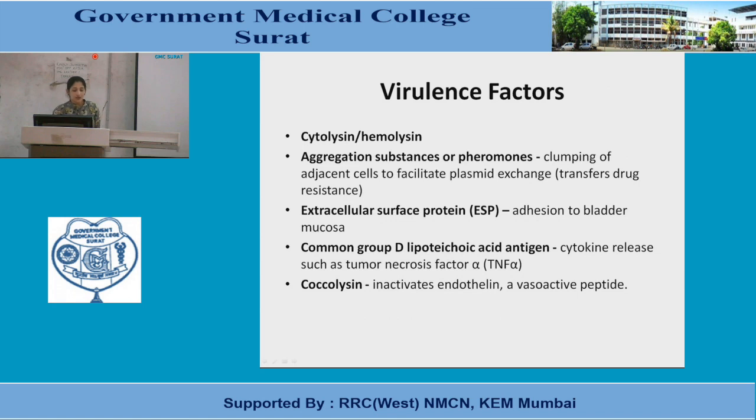The extracellular surface protein helps enterococci adhere to the bladder mucosa, and that's why it is the most common urinary tract infection producing organism. Then the common group D lipoteichoic acid antigen, cytokine release such as tumor necrosis factor alpha, and cytolysin inactivates endothelin, which is a vasoactive peptide.